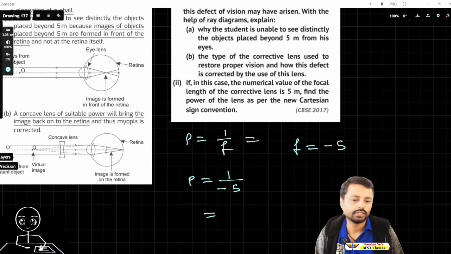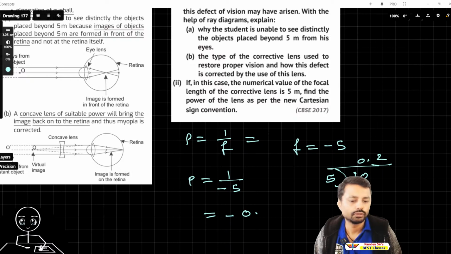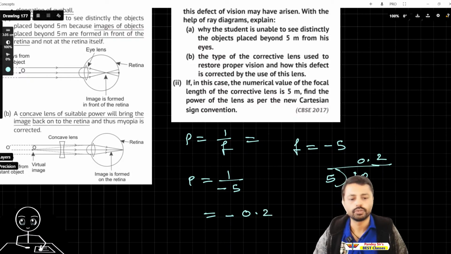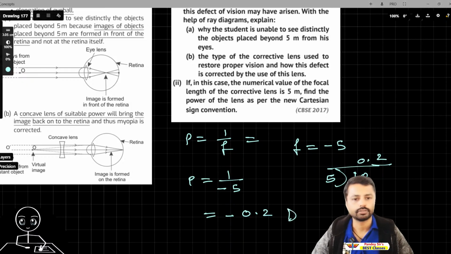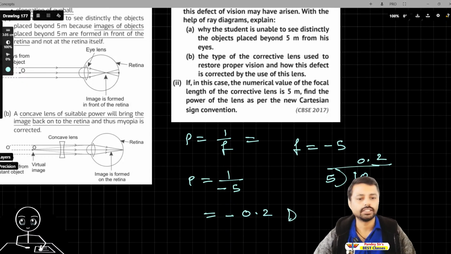That's minus 0.2. 1 by 5 gives 0.2, so P equals minus 0.2 D, diopters. That is how you find the power.